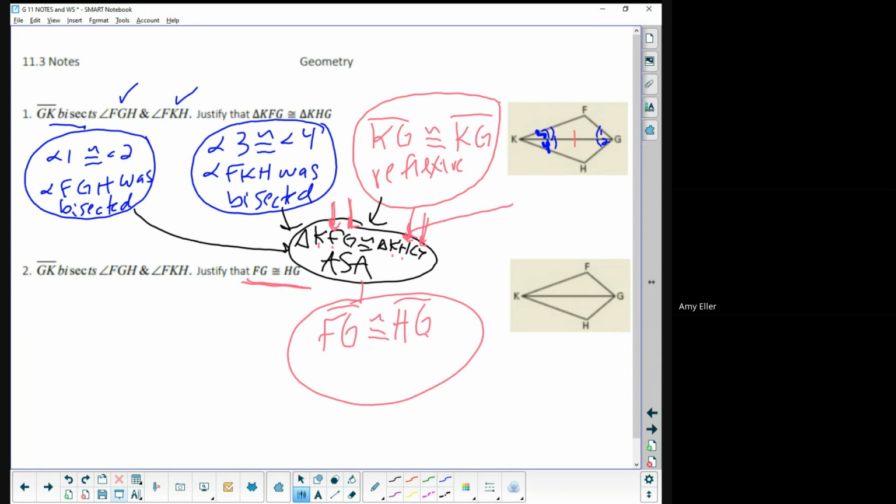My reason, I just kind of explain it in words. I say they are corresponding parts in congruent triangles, meaning they're in the same place, so they've got to be the same.